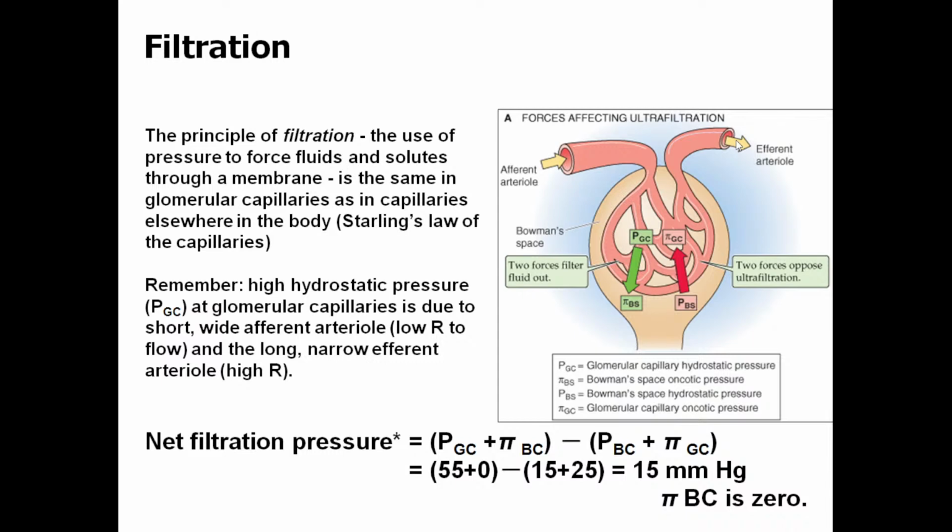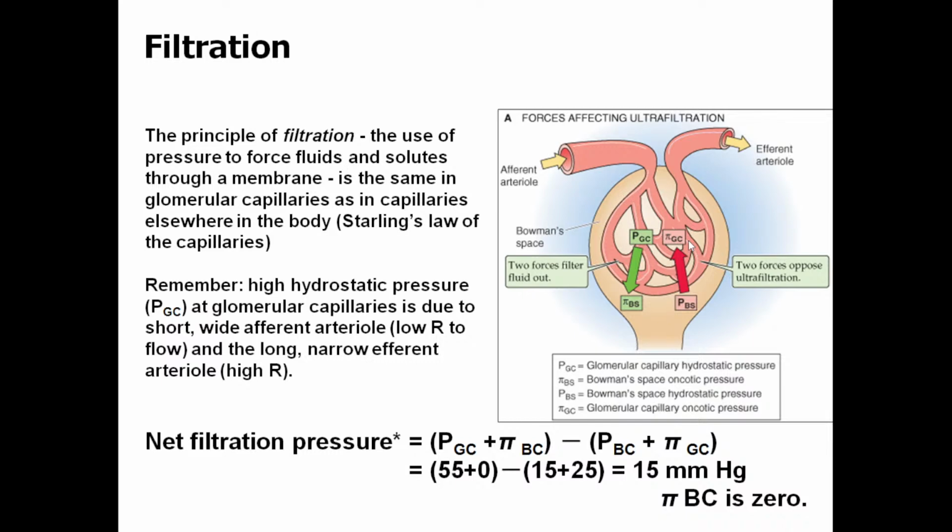And the balance of Starling's forces changes as blood passes along the glomerular capillaries from the afferent arteriole to the efferent arteriole. Hydrostatic capillary pressure is high along the whole capillary because the efferent arteriole is a resistant vessel. And the other pressure which you need to consider is the oncotic pressure of the blood.